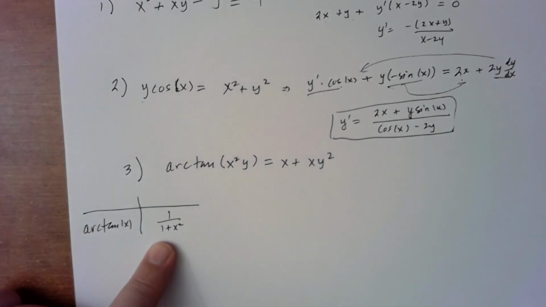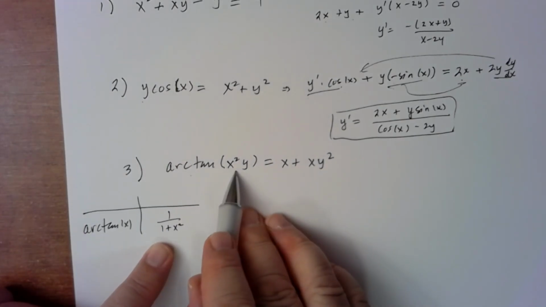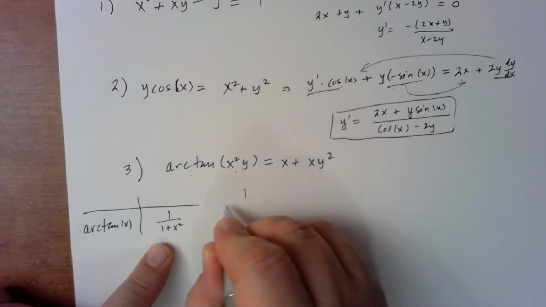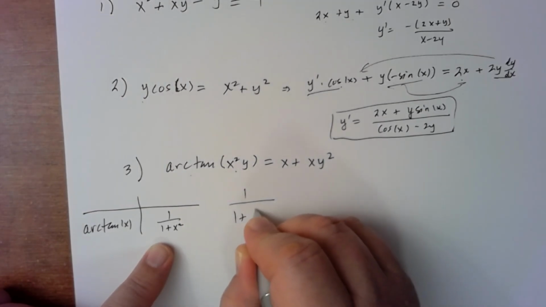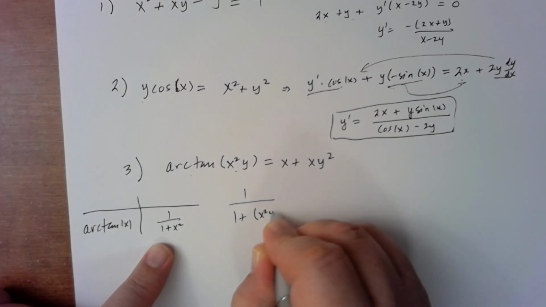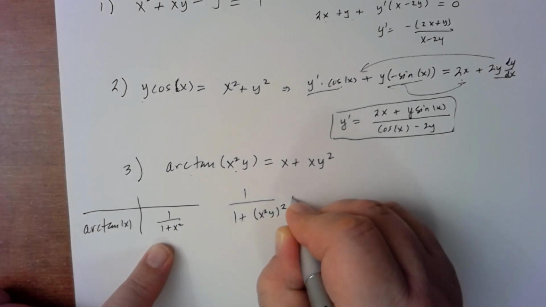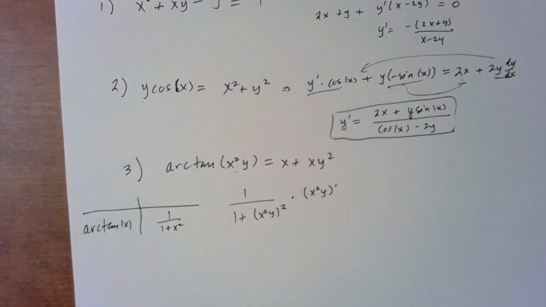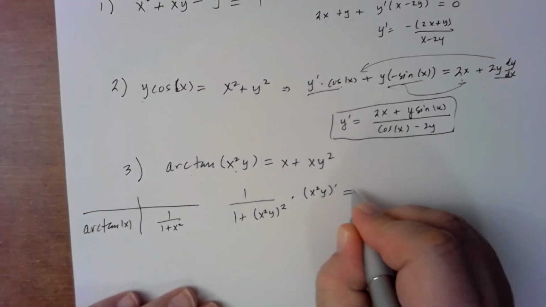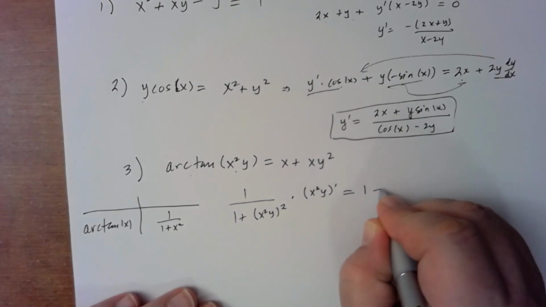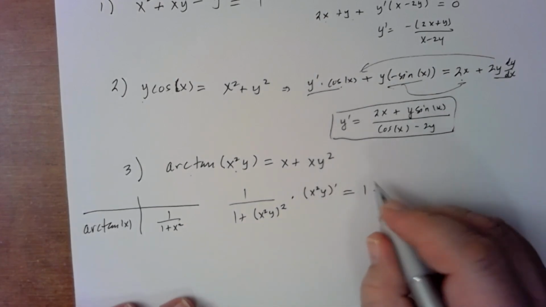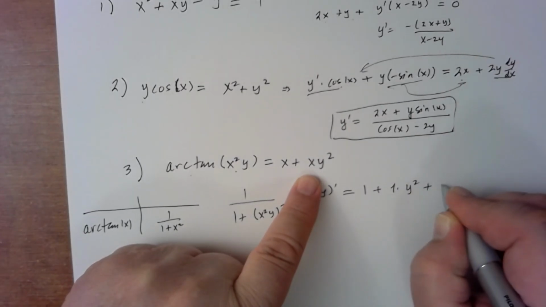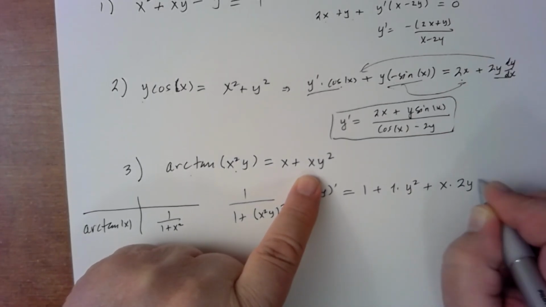So in this case, if I'm taking the arctan of x squared y, the derivative of that is going to be 1 over 1 plus x squared y squared, but then you multiply by the derivative of this expression. And that'll be equal to 1 plus the derivative of x y squared, which would be 1 times y squared plus x times 2y times y prime.